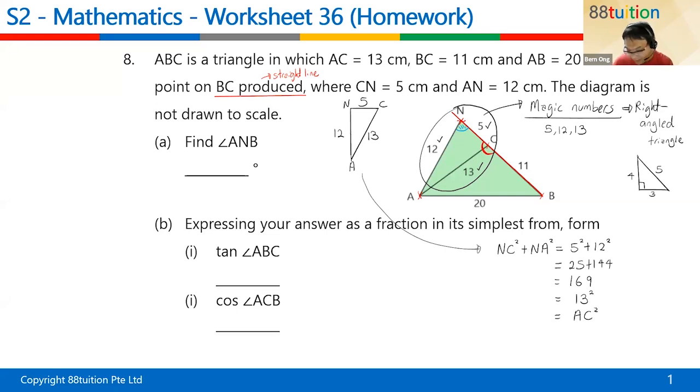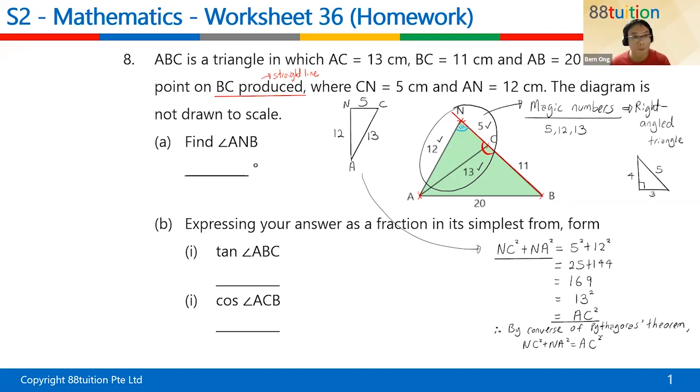Can you see that? Then down here you can say, therefore, by converse of Pythagoras theorem, remember this? What can you say? You can say that NC squared plus NA squared is equal to AC squared.